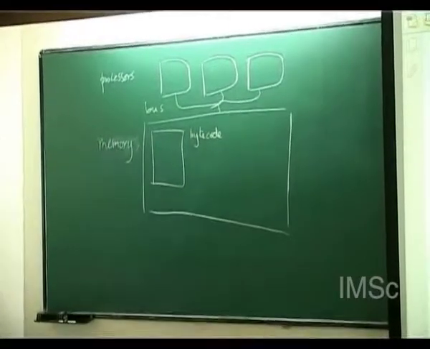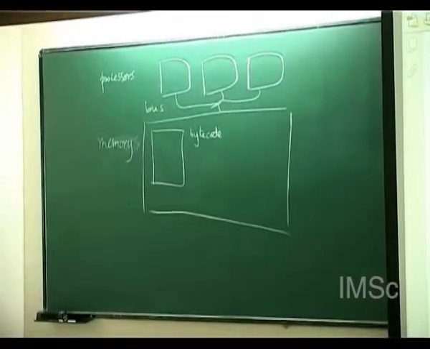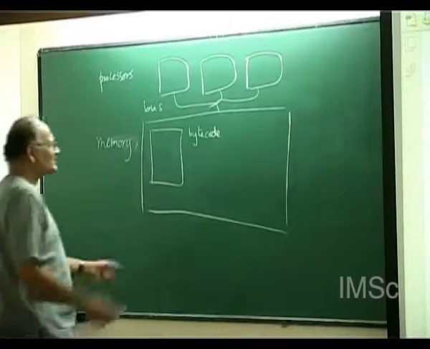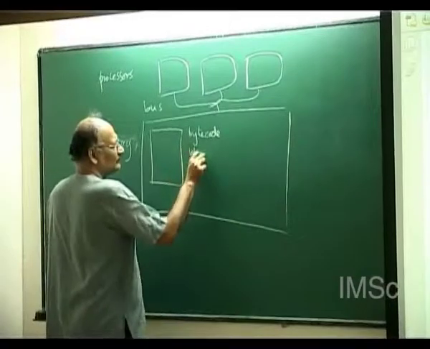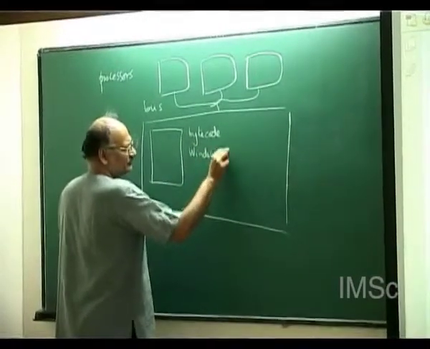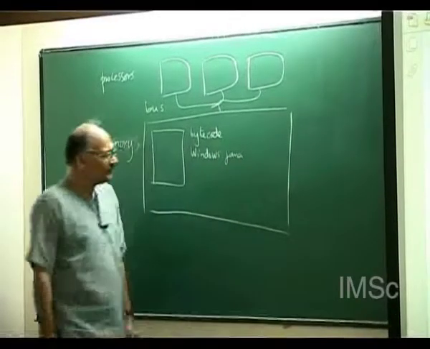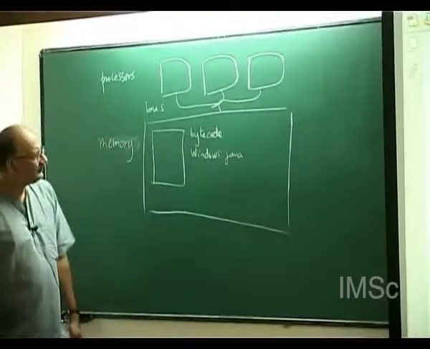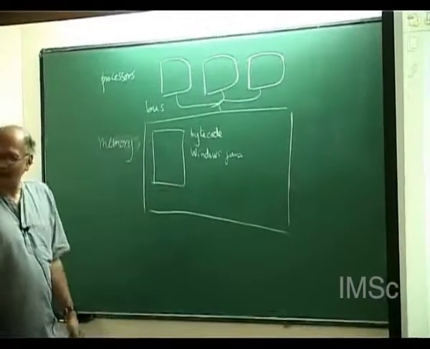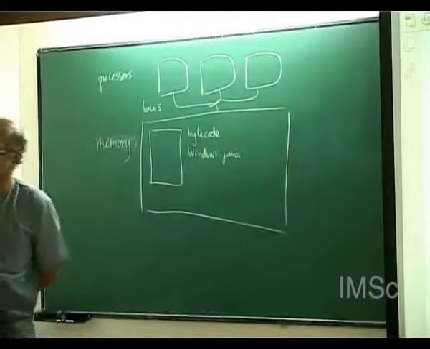When you run the Java compiler, you get bytecode, so there's a file which contains the bytecode. So this creates some code, and now this is sitting somewhere. What happens now?